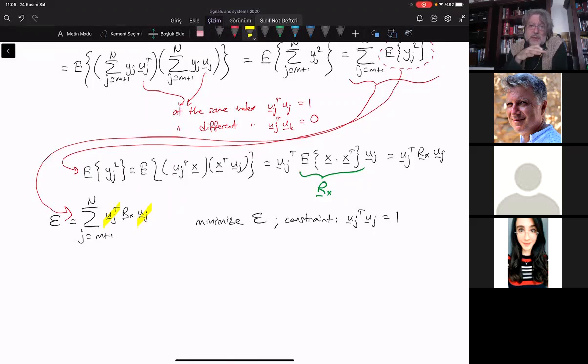Uj transpose from the left-hand side, uj from the right-hand side, and in between you have a matrix. It will definitely give you something positive, regardless of the values of Rx. Rx could be any real matrix. But this thing is positive. And the minimum that it can attain, therefore, is 0. And you can have 0 by saying that uj is a 0 vector. Okay, that's how you can minimize.